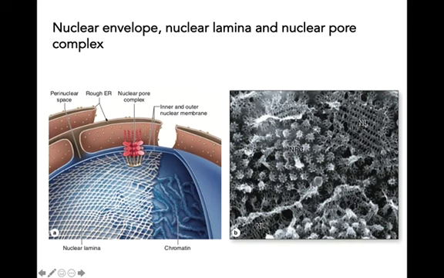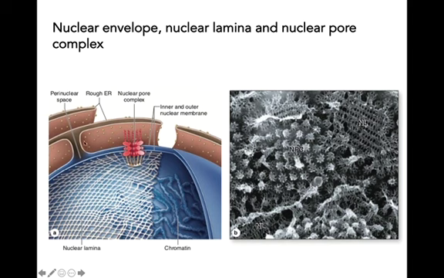Okay, so as I've said, these are the clearer, zoomed-in pictures. Again, the nuclear envelope is a double membrane, right? So it is composed of an outer membrane, an inner layer, and within that is the perinuclear space.